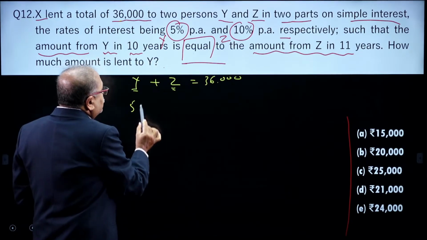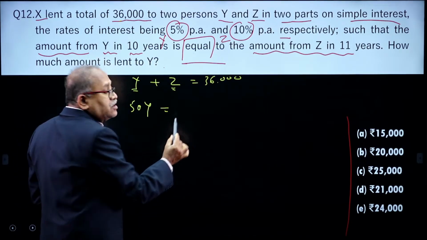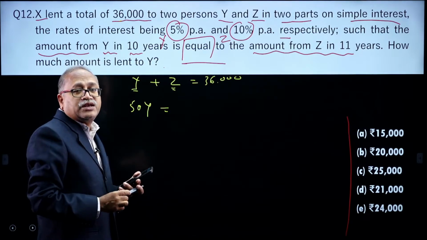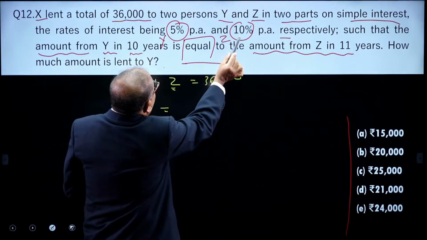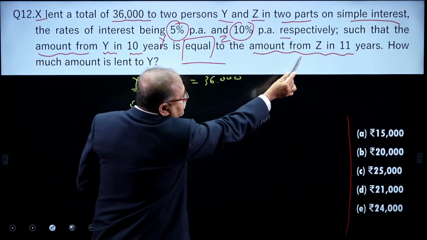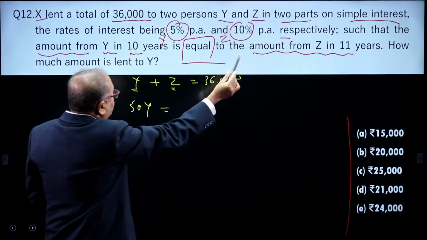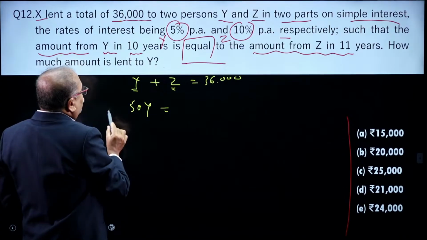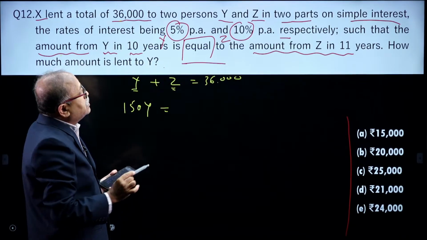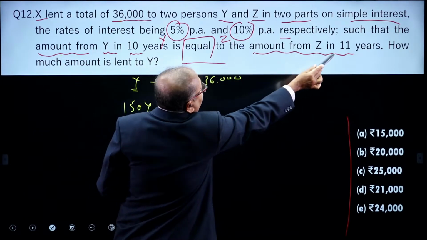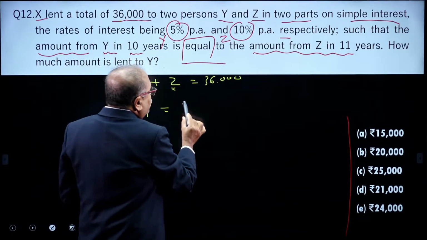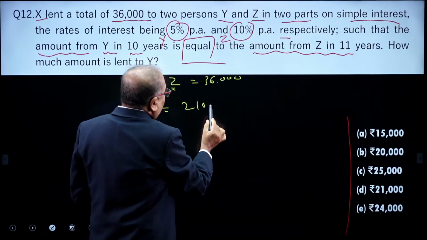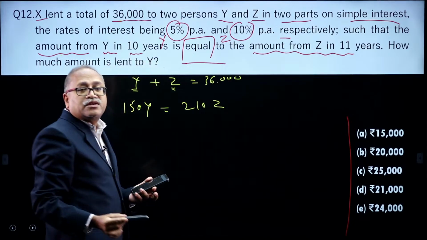So, 50% of Y, which is equal to, that is what Appal Naidu has done, that is the reason he answered the question so fast. That is 10% for 11 years, that comes 110, and it is said about the amount. So, it is 150%, and here 10% for 11 years, 110 plus 100, that is principal, 210% of Z. That is how we worked it out.